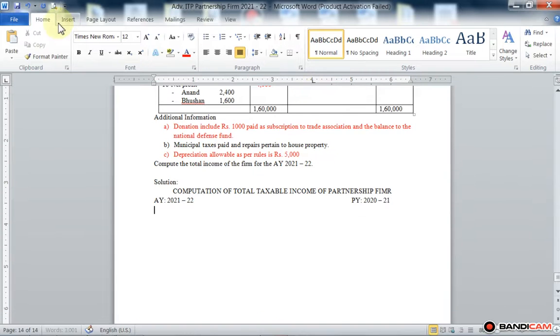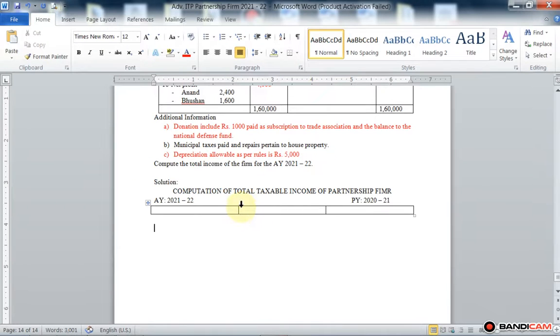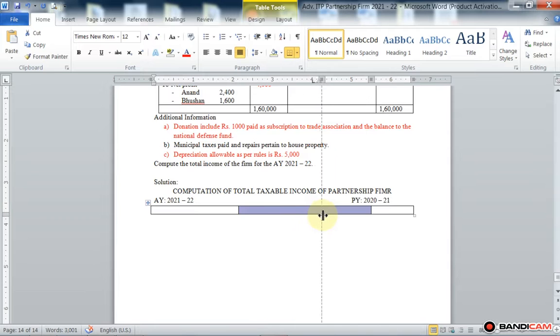Now prepare three columns, that is particulars, amount in rupees, particulars, amount in rupees.